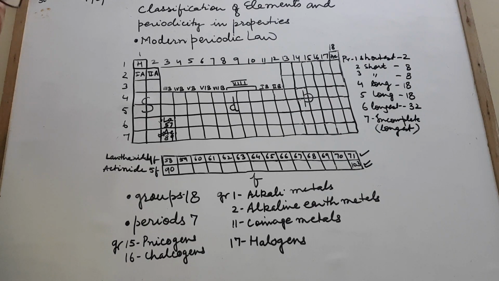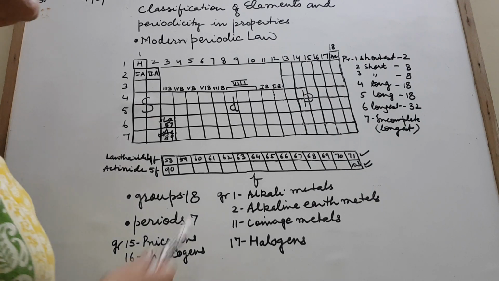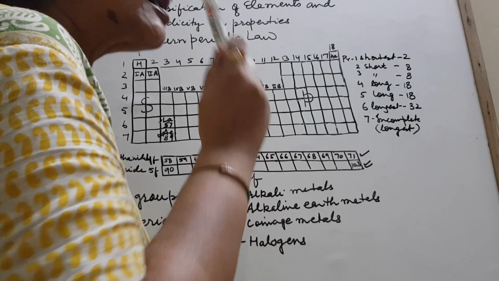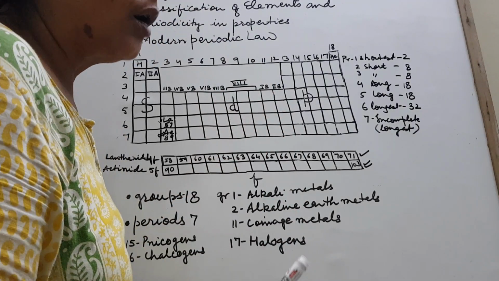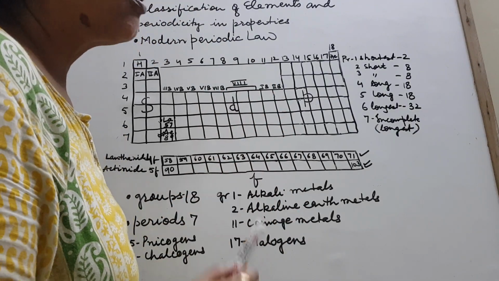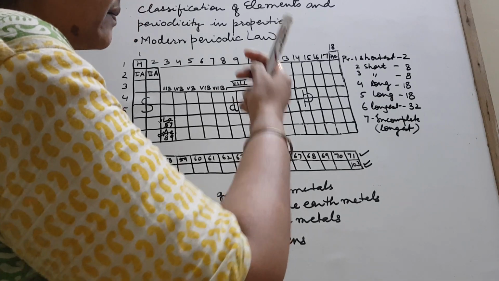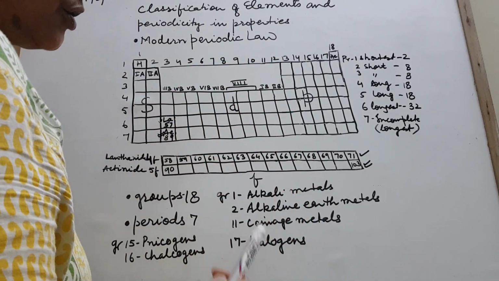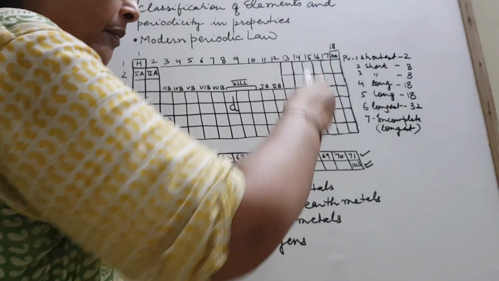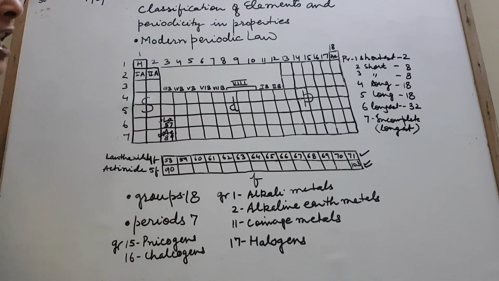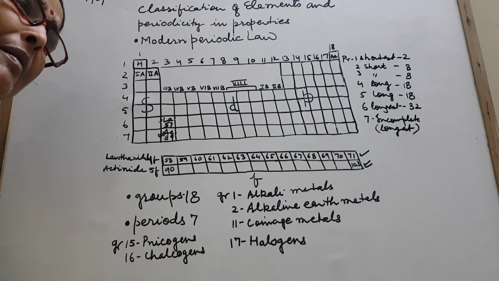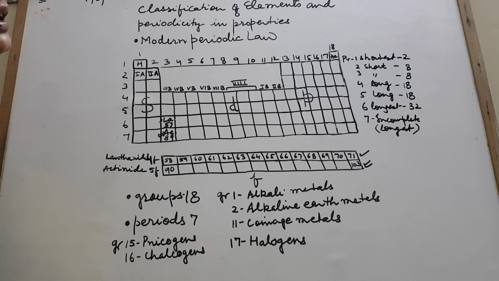All elements of the same group have the similar general electronic configuration of the valence shell.